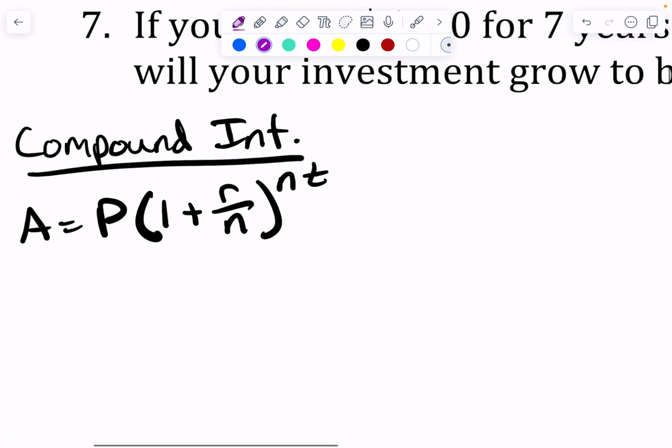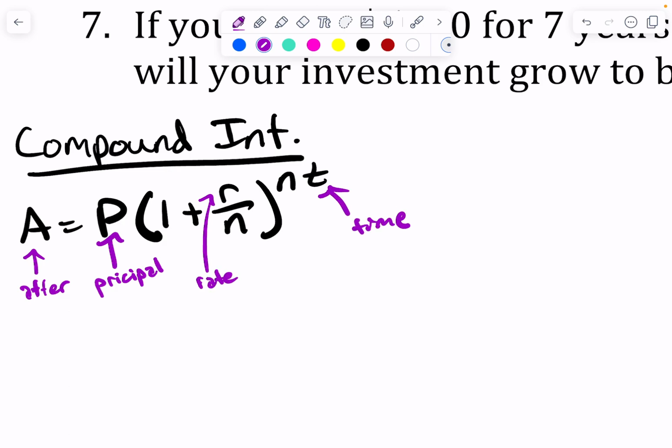If you need these written in here, this is the after amount. If you don't need to write these in, don't write them in, because you don't need that extra stuff on your paper. This is the principal, okay? R is the rate, T is the time, and N is the number of times you are compounding, okay?